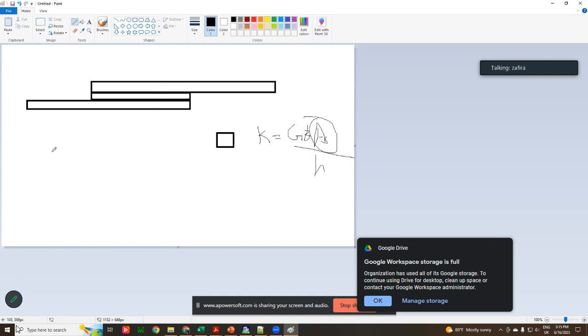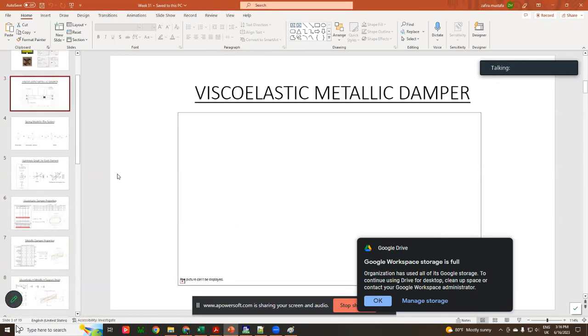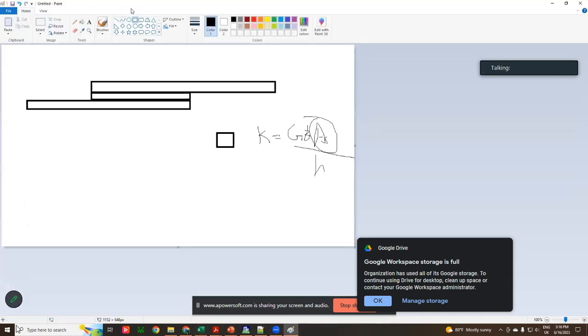But if we see, viscoelastic is like a beam shape. Okay, I show you this one. In the middle, we have the viscoelastic material like this.